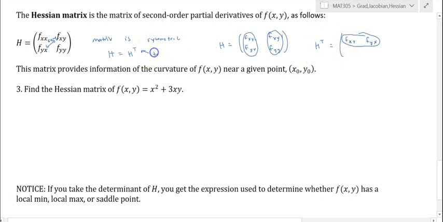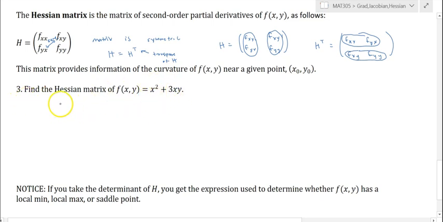This is the transpose of H. And take the second column, make it the second row, fxy and fyy. Well, what we mean by they're symmetric is they're the same, right? They are exactly the same, and that makes sense because the top left and the bottom right components are still the same, but now the diagonals have switched. But since fyx and fxy are the same, we haven't changed the diagonal entries, and so we call this a symmetric matrix.